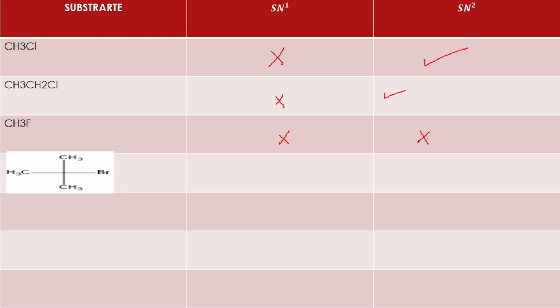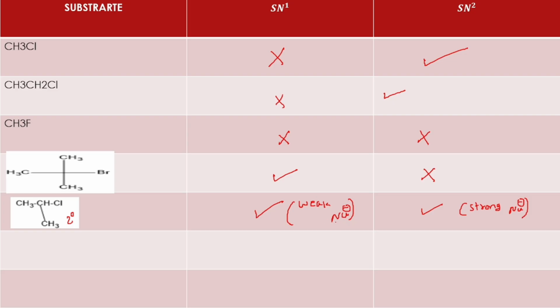Next, tertiary alkyl halide is giving SN1. Secondary alkyl halide: SN1 is possible in the presence of a weak nucleophile, and SN2 is possible in the presence of a strong nucleophile.